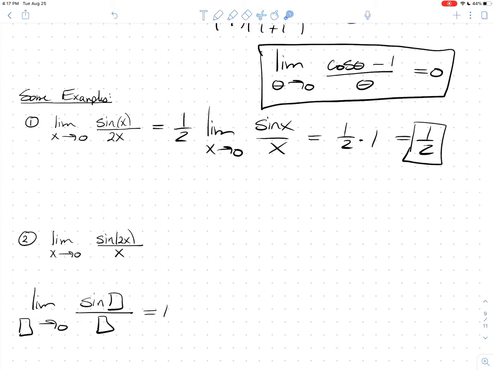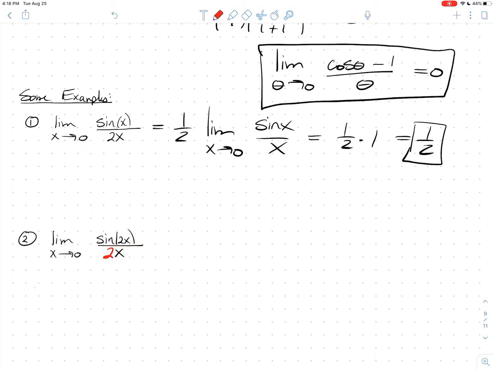As long as whatever is here is exactly there, these are the same, and whatever is here that's also there is going to 0, you're always going to get out a 1. And so the point is this. I'm going to erase all of that. The point is you really, really, really need to get a 2 there. Because if you could get a 2 there, x going to 0 means 2x is also going to 0, and you'd be done. This would just be 1.